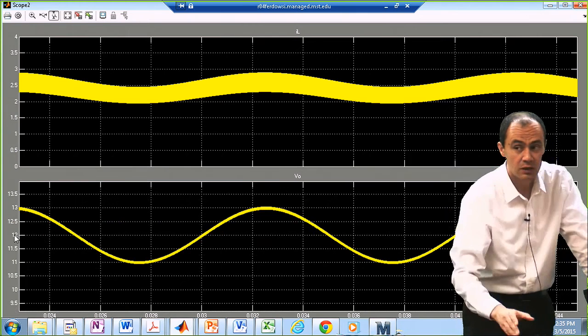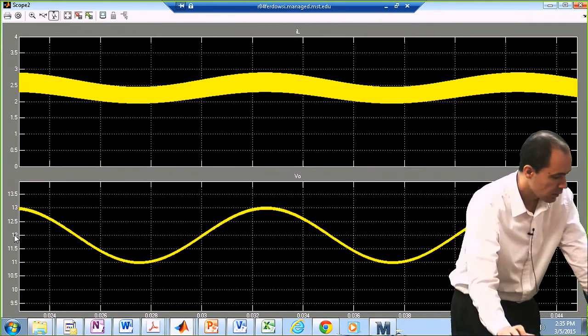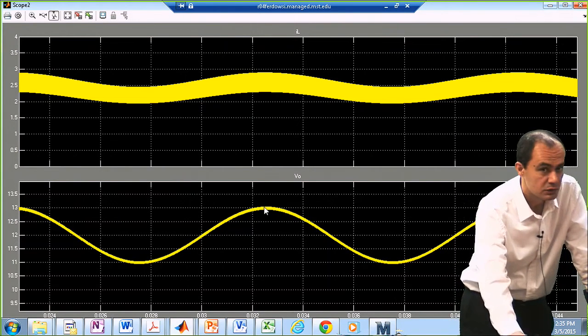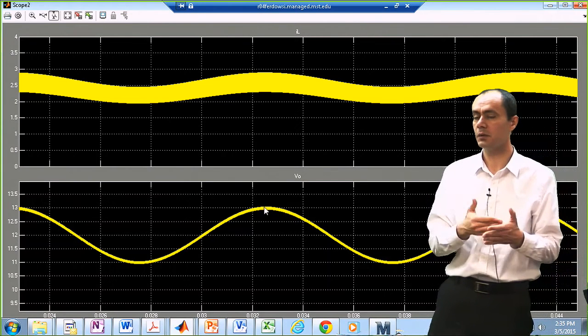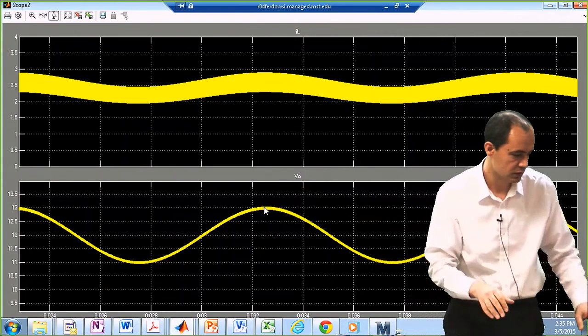The average value is still 12. So the average model still predicts that your output voltage should be 12, and it is 12 on average. But then it fluctuates with a peak of 1 volt. The input was fluctuating with a peak of 4 volts, multiplied by 25%, 1 volt. So those transfer function DC gains are holding over here.